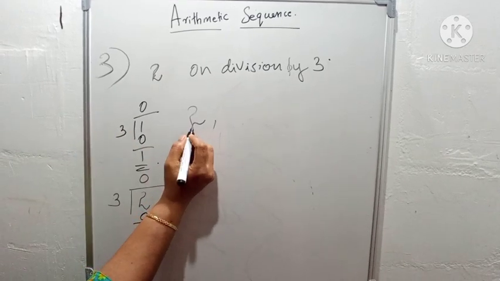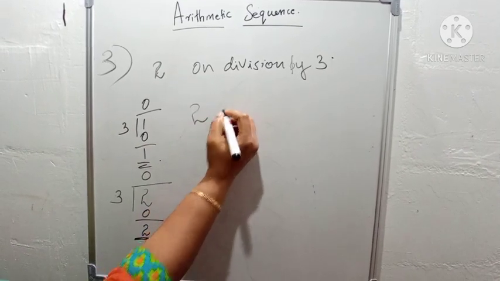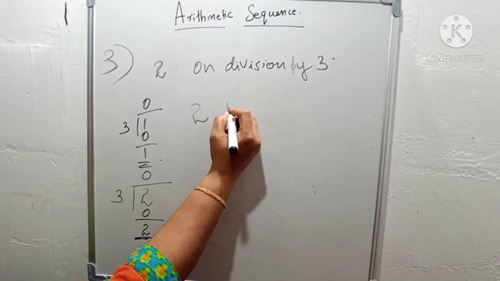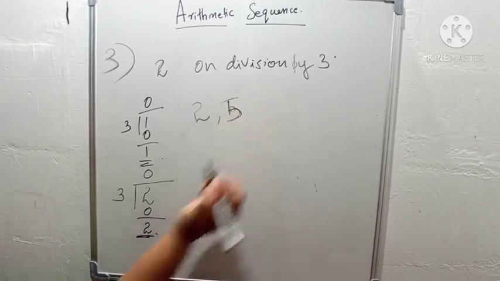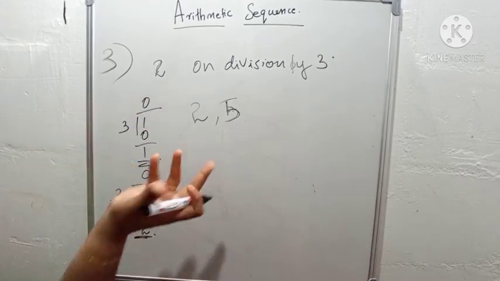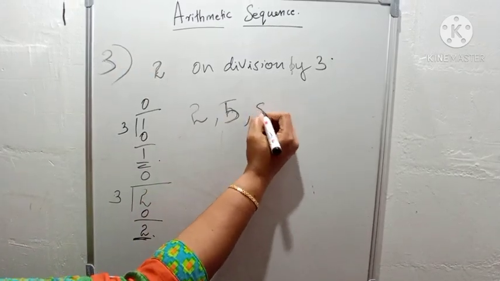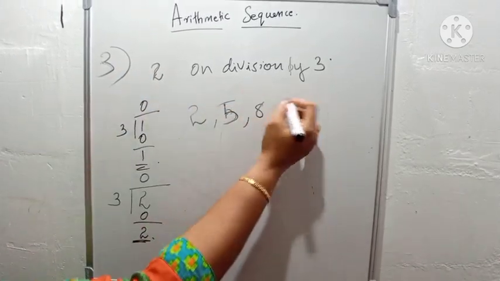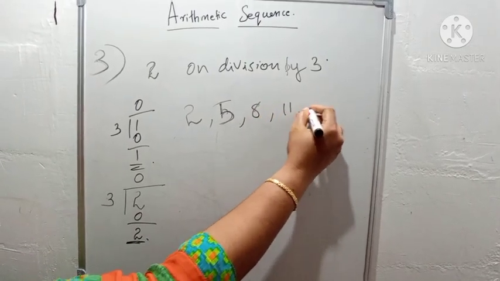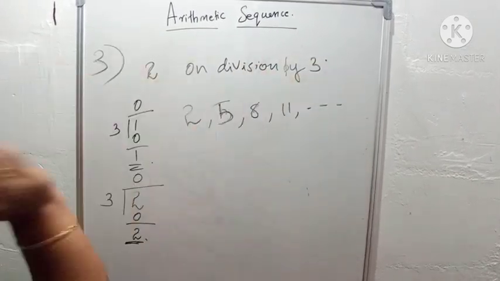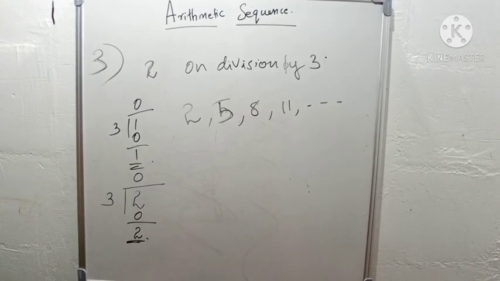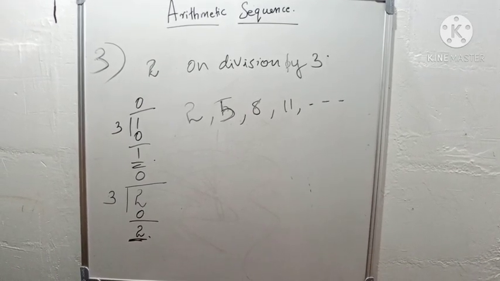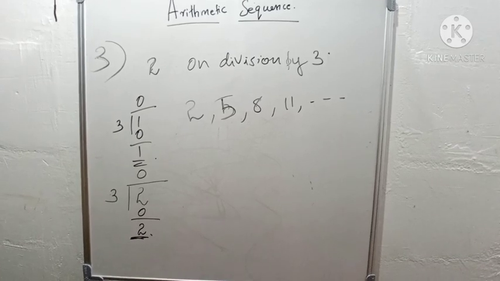See, first number is 2, and the second number of this sequence is, yes, 2 plus 3, which is equal to 5. Then what is the next number? Next number 8. Then 8 plus 3, 11. All these numbers leave remainders 1 and 2 on division by 3. Okay, so this is our second sequence.